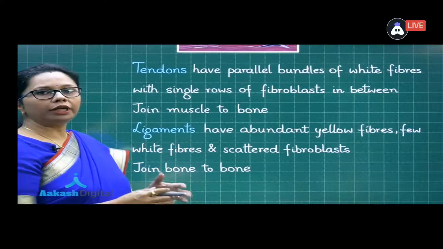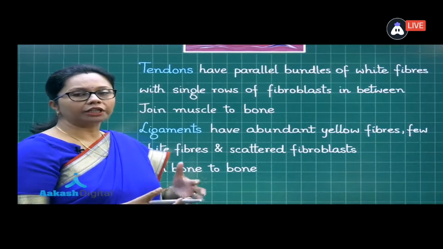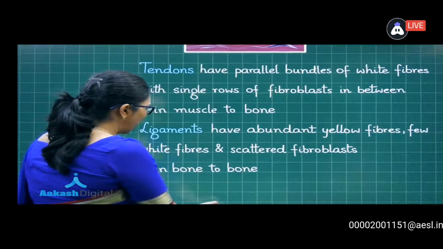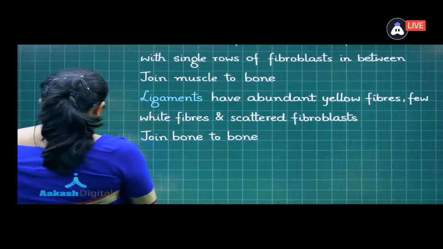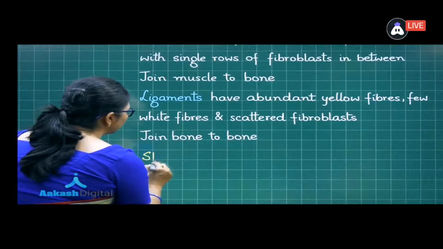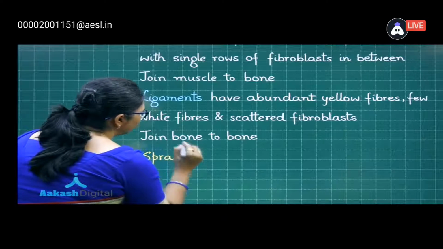Now we usually come across two very common terms in our day-to-day language, that is sprain and strain. Now the word sprain actually means that these ligaments are excessively stretched beyond their capacity, so that becomes painful.